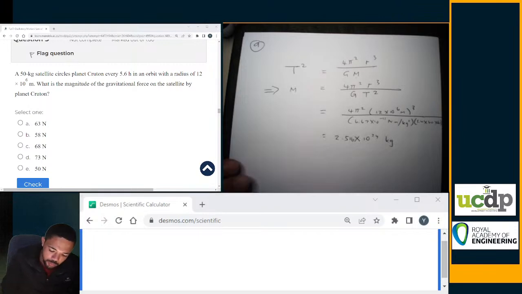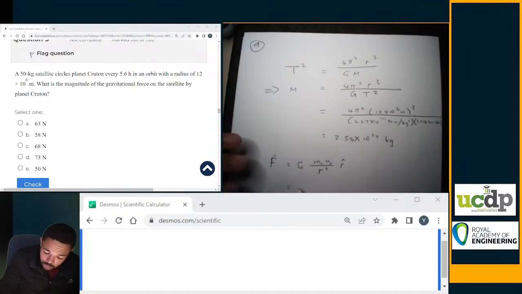The force of gravity between planet Crouton and the satellite is equal to G times the mass of planet Crouton times the mass of the satellite, divided by the distance between them squared.